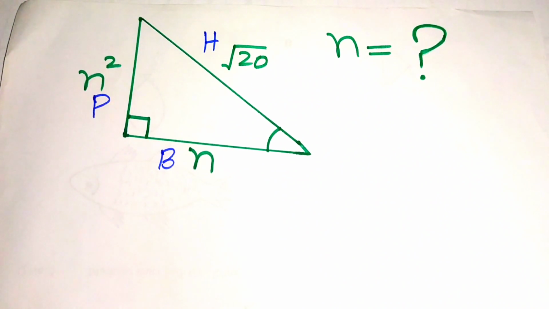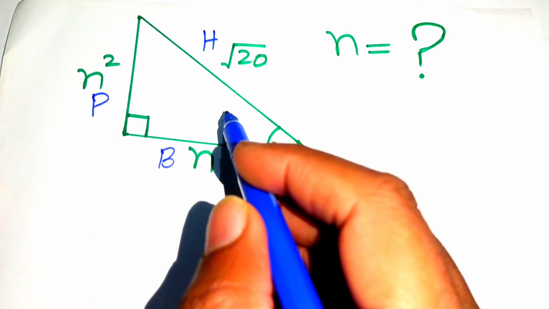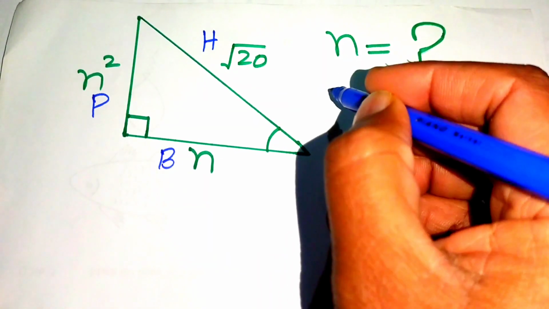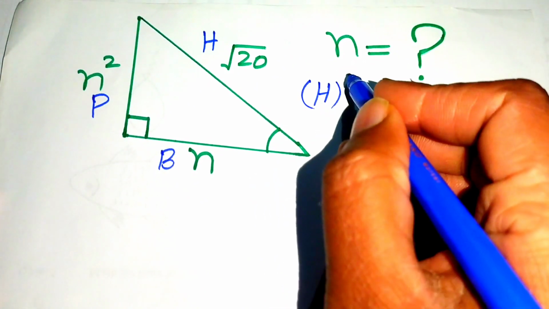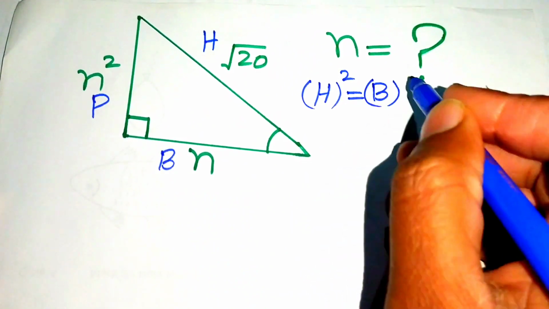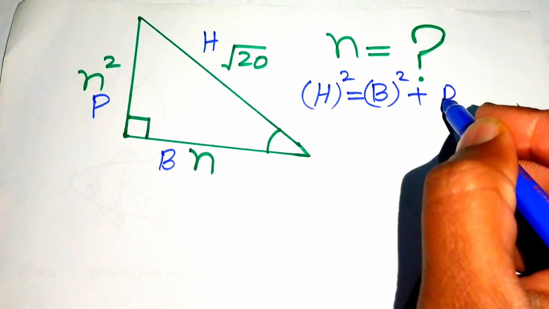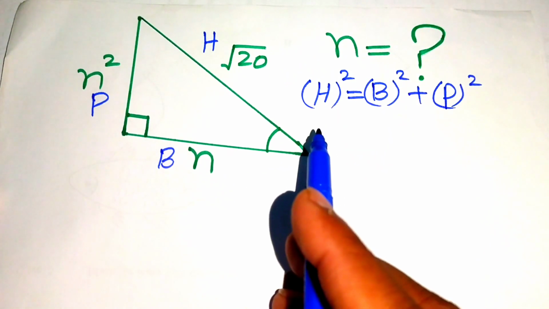The Pythagorean theorem also holds in this type of triangle. It is stated as hypotenuse square equals base square plus perpendicular square. This is known as the Pythagoras theorem.